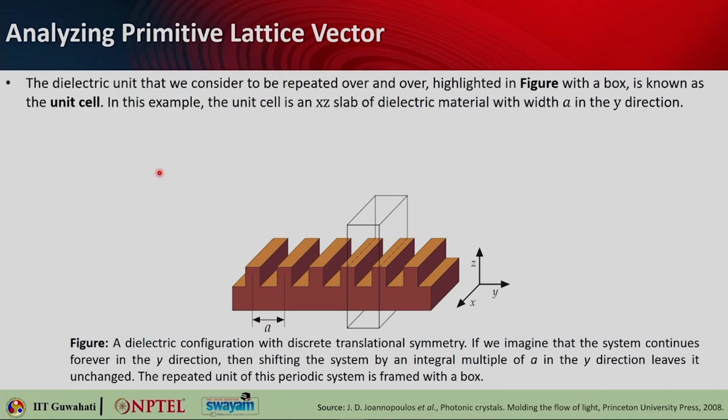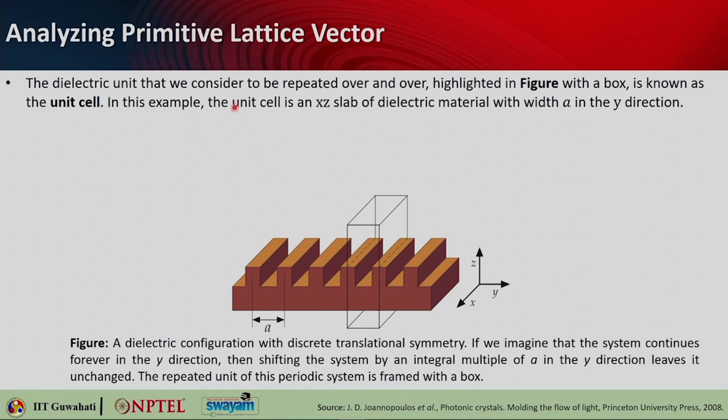Now the dielectric unit that we have considered, we consider to be repeated over and over, just like this box is being repeated. Now what is this box called? In technical terms it is called a unit cell, because this is the thing that is being repeated periodically.